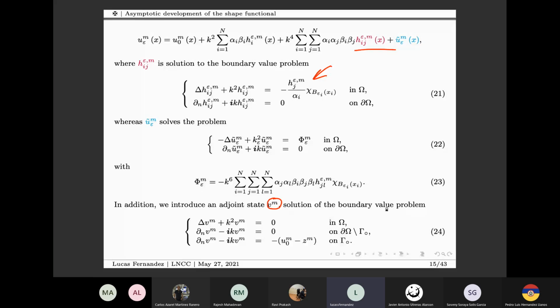And finally, we also have the function u epsilon tilde, a solution to problem 22, and such a function does not contribute to the closed form of the topological derivative. So we don't have to worry about this problem.